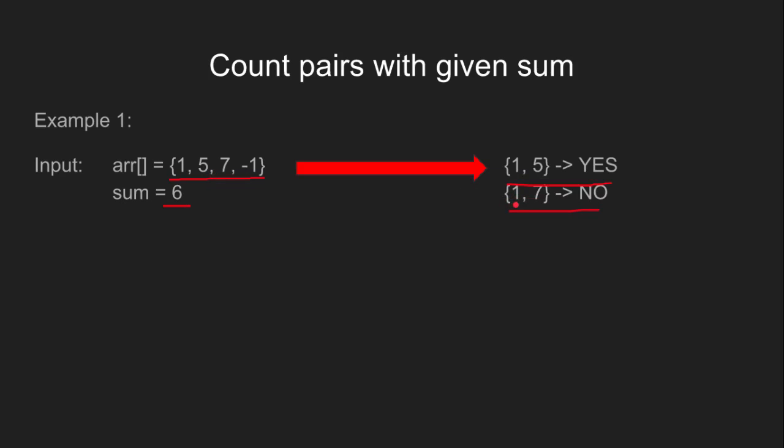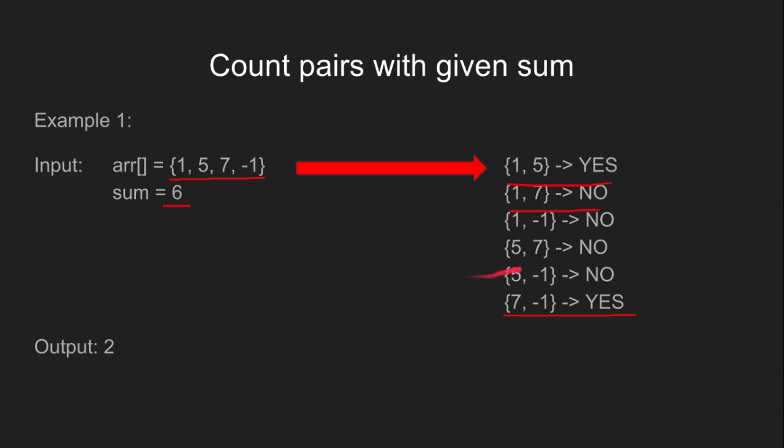So this pair is rejected. Likewise, 1 and -1, 5 and 7, and 5 and -1 are all rejected. The last pair, 7 and -1, also gives us a 6. So only the pairs 1, 5 and 7, -1 give us the answer 6.